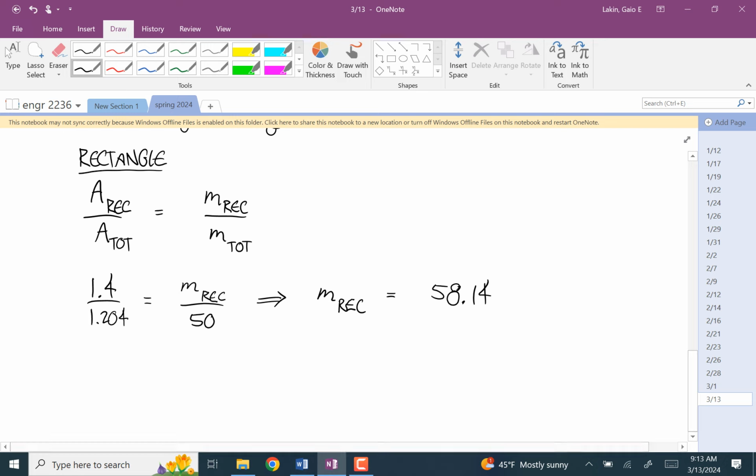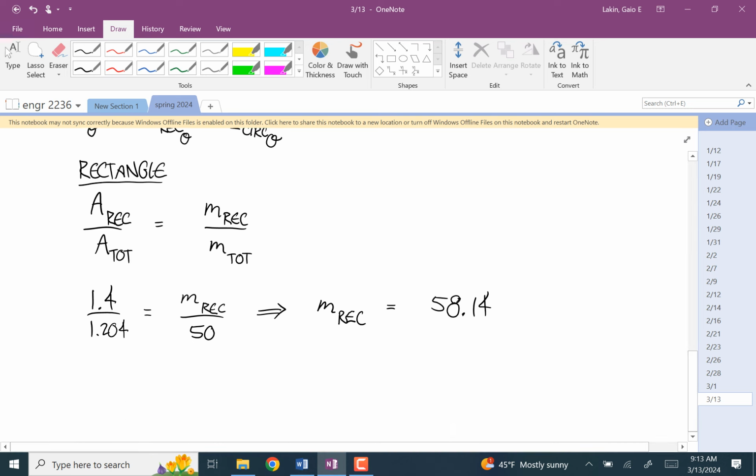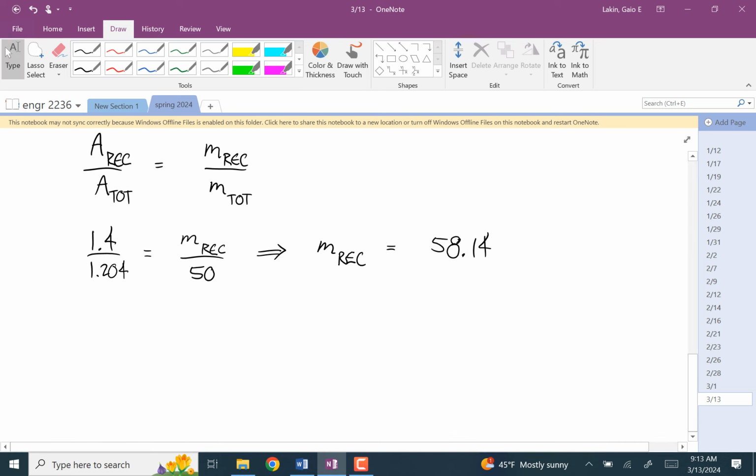They have to add up to 50. Okay, so the mass moment of inertia of the rectangle about its center of mass is 1/12 times the mass times the quantity length squared plus width squared.